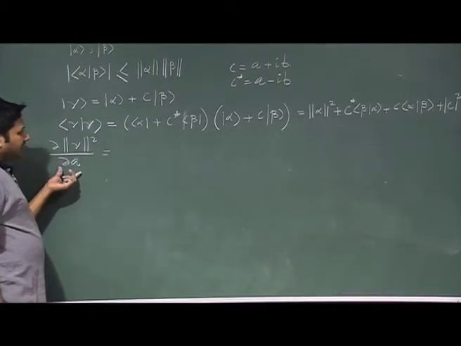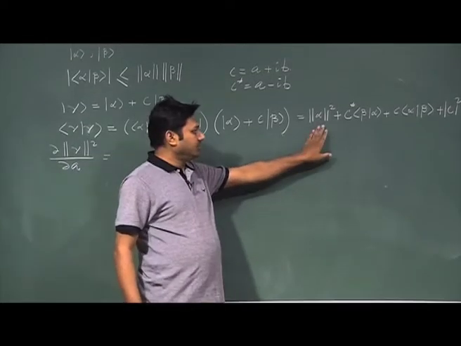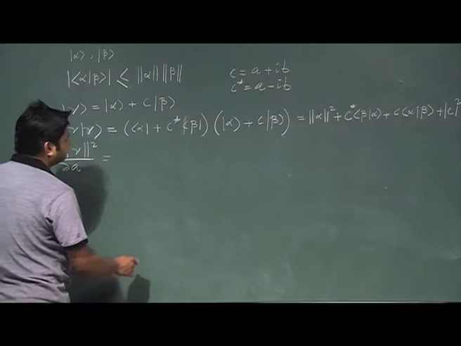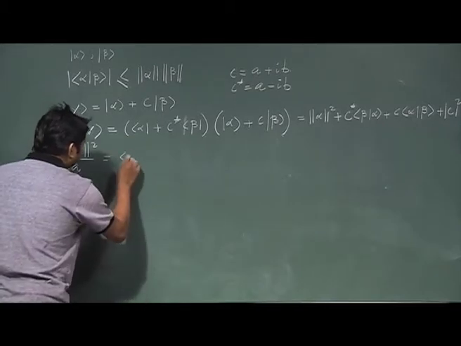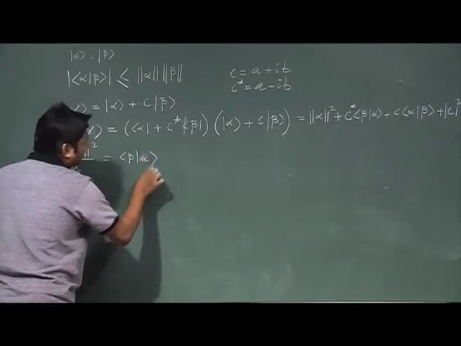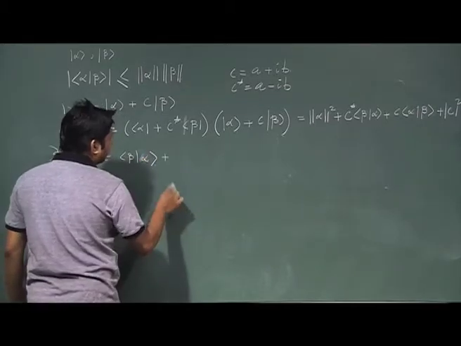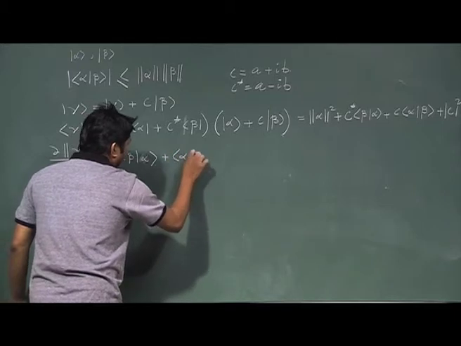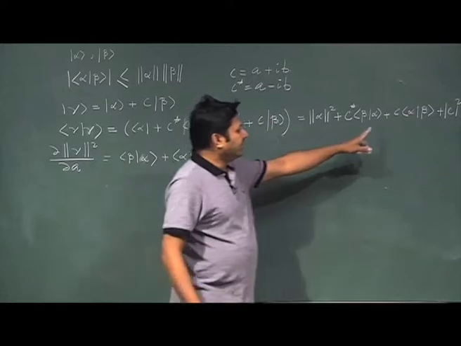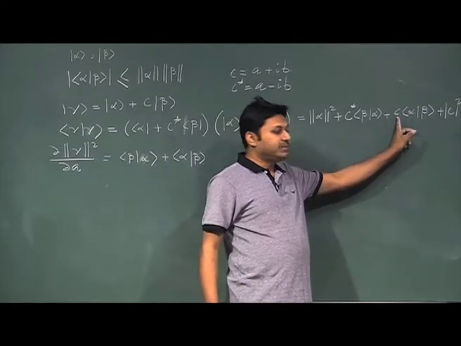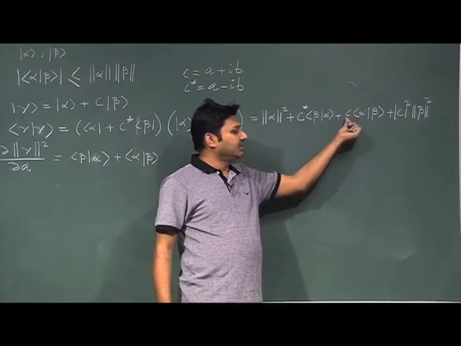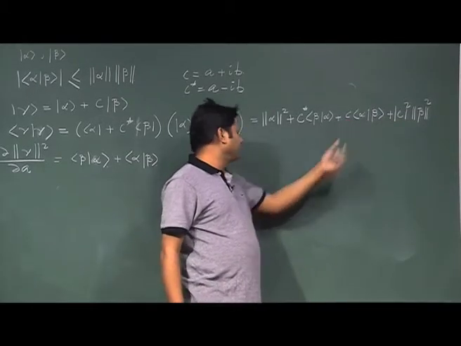When I take the derivative with respect to a, the first term is 0 because there is no a. The next term will simply be beta alpha. The second term will be plus alpha beta, because c is a plus ib, and when I take the derivative with respect to a, only the a term remains; the other term will not be there, since it is a partial derivative.